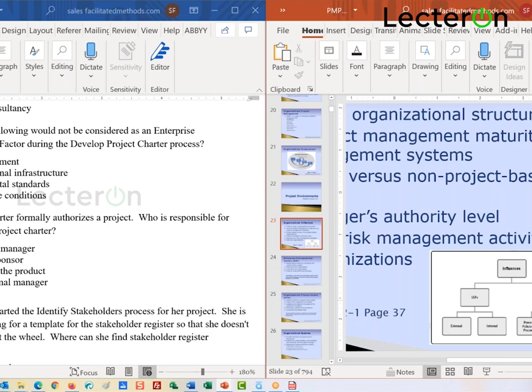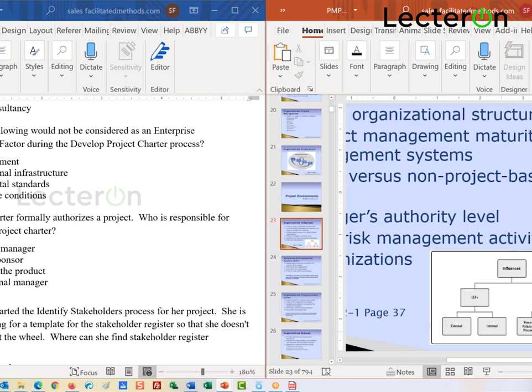OPAs. First of all, think of OPAs as being templates. That scope statement is a template that you probably are given to fill in. That is where those policies, procedures, practices, templates come in on this side of the OPAs.